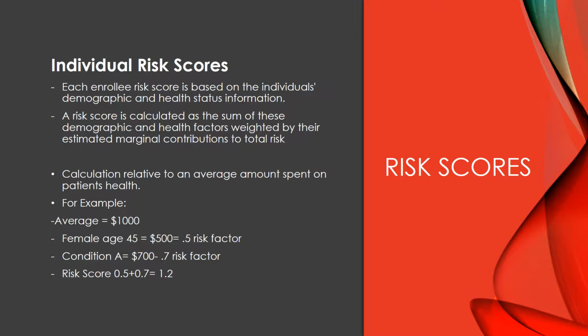So the 1.2 risk score is what she will be being paid out. Well, not, she won't be paid out, but that is what the health insurance will pay out to the provider office, 1.2 rate per member per month.